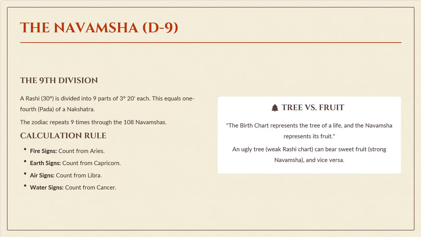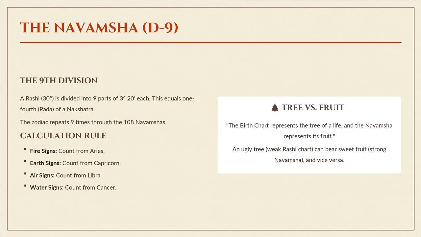There are multiple charts based on your time of birth, date of birth, and place of birth. The main chart which we see is known as the D1 chart, the Rashi chart. But there are some other charts also. One of those is the D9 chart, which is very important. The second most important chart is the D9 chart.